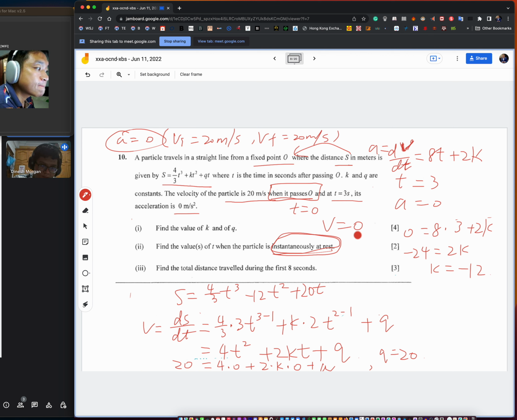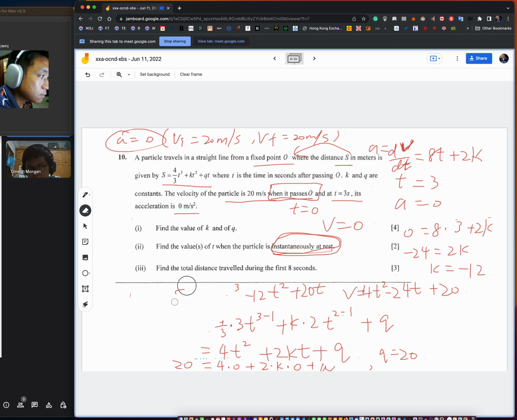Okay, so when v is equal to 0, you get 4t squared. So your v is equal to this plus 2kt. k is negative 12, so it's negative 24t plus 20.